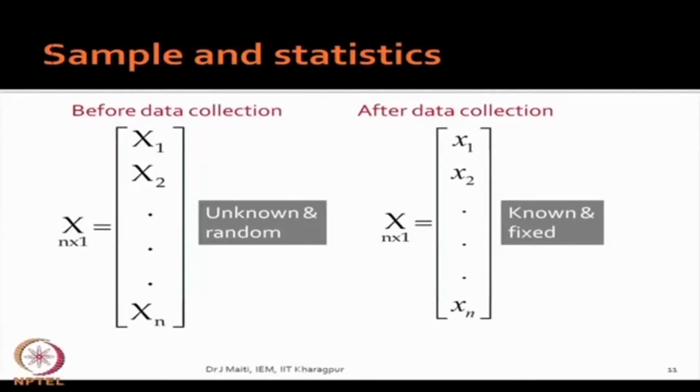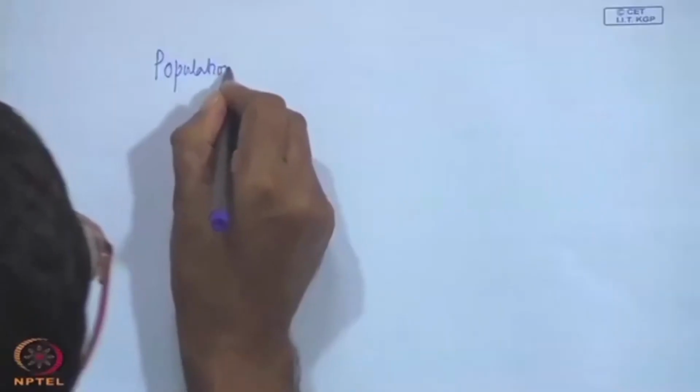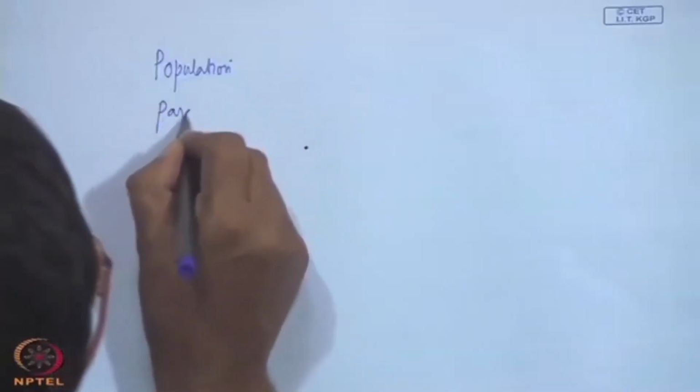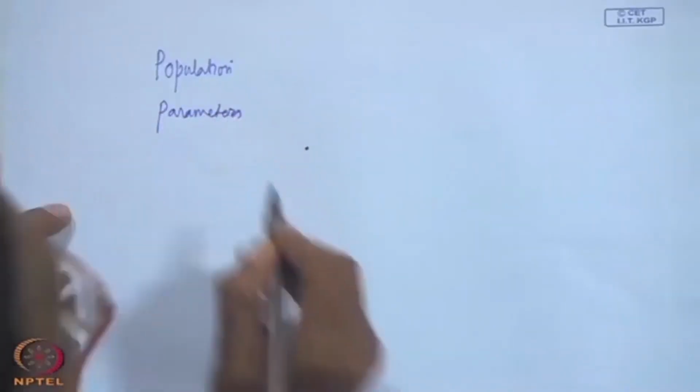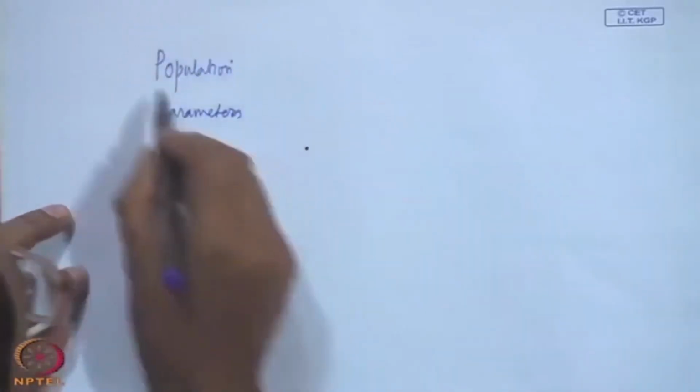Now we will come to the next important concept, called sample and statistics. So far we have seen population and parameters, and please remember the random variable is there everywhere.